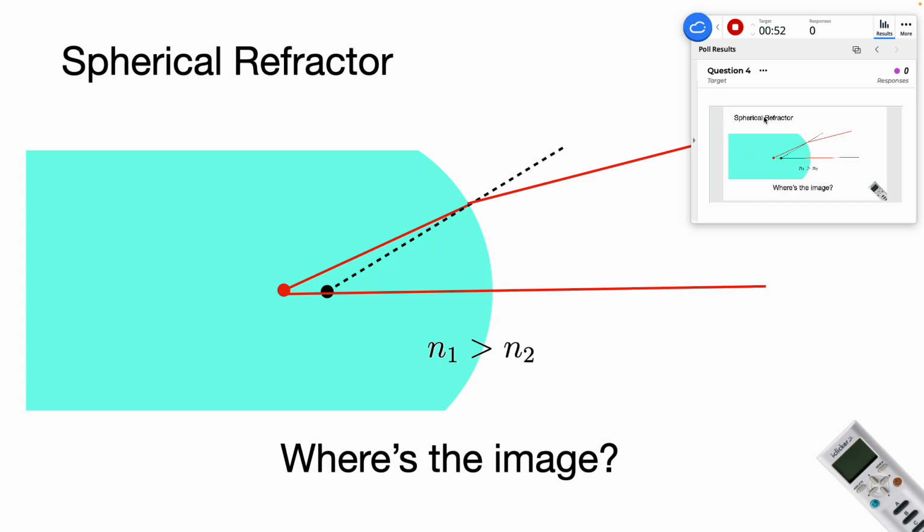So try to circle where the image should be formed in this scenario. Just draw a square, see where you think the image should be formed. Right now the light ray is not intersecting, so does it mean we don't have an image? Does the point source just disappear?